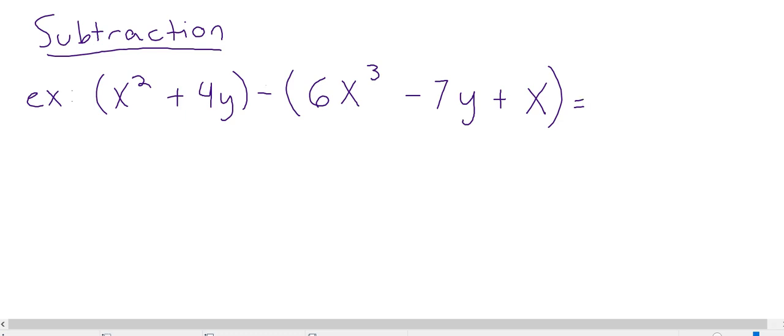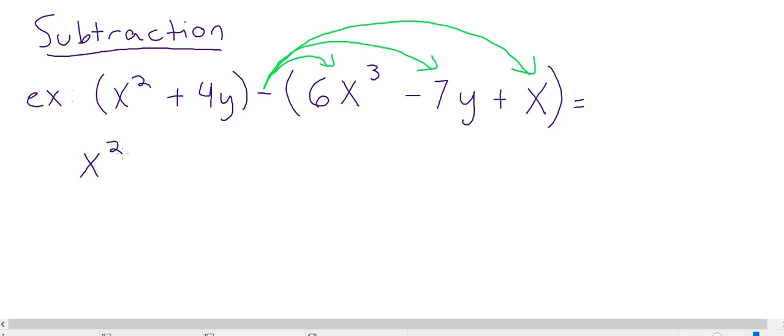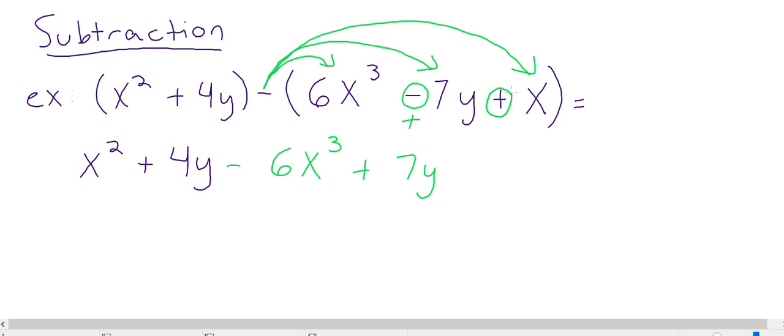We have to distribute the subtraction sign over the trinomial that's after it. Let's rewrite the problem. X squared plus 4y. Now we're distributing this minus sign. So it becomes minus 6x cubed. And we're distributing the minus sign over the minus 7y. So this becomes plus 7y, because it started as a minus, so we're changing it to a plus. And then this one, which started as a plus, we're changing it to a minus. So it becomes minus x.